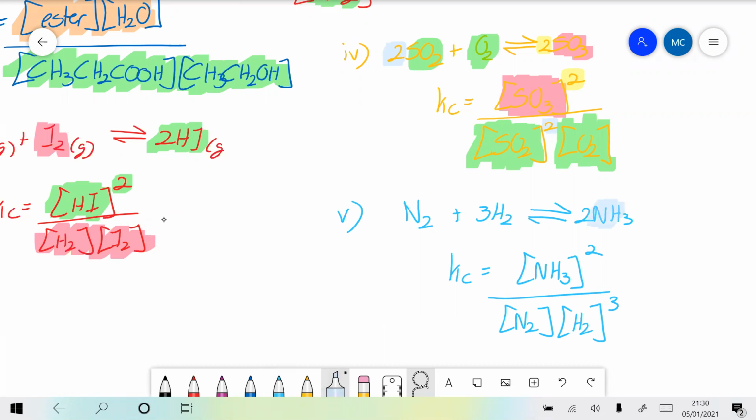And again, NH3, we have the square because we have two NH3s. Then we have H2, and we have the cubed because we have the 3H2.